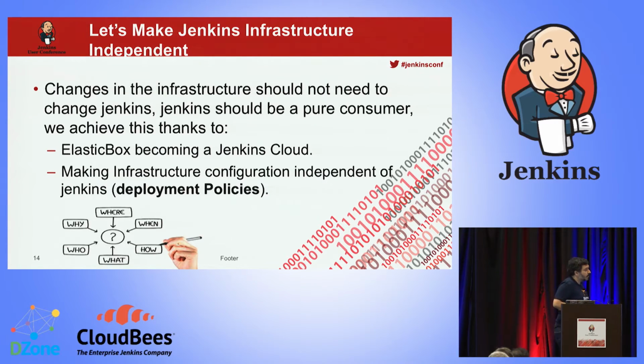We can do this thanks to one abstraction that we have in Elasticbox that we call deployment policy, which is like a template of how you are going to deploy a machine, a node, and a slave in Elasticbox. Usually it includes where you are deploying, when, how, who is deploying it, who can deploy that slave, etc.